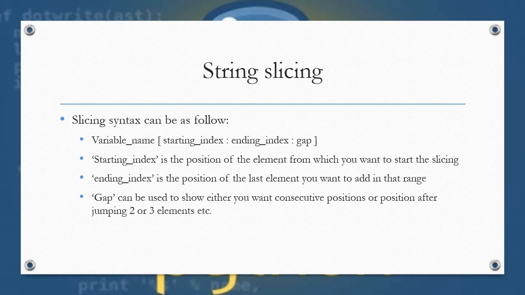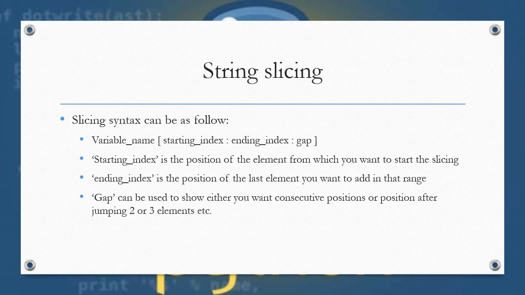Starting index is the position of the element from which you want to start the slicing. Ending index is the position of the last element you want to add in that range. But be careful when you write the ending index, because the ending index is exclusive and the starting index is inclusive.